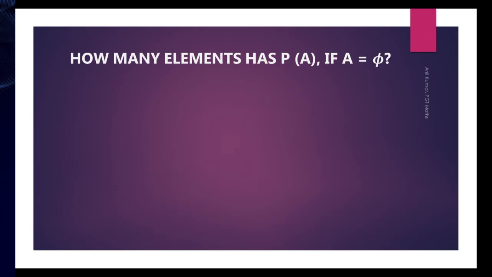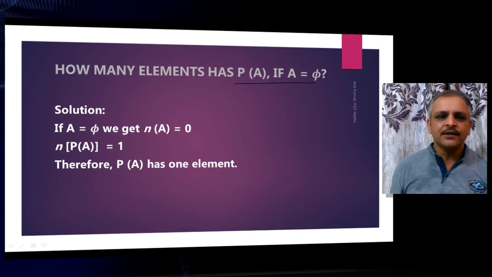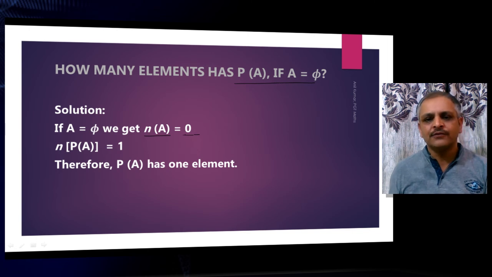How many elements has the power set of A if the number of elements in A is equal to 5? Okay, as you know, power set is the set of all the subsets. So if the number of elements in A is equal to 0, as we discussed in the previous slide, the number of subsets will be 2 raised to power 0.